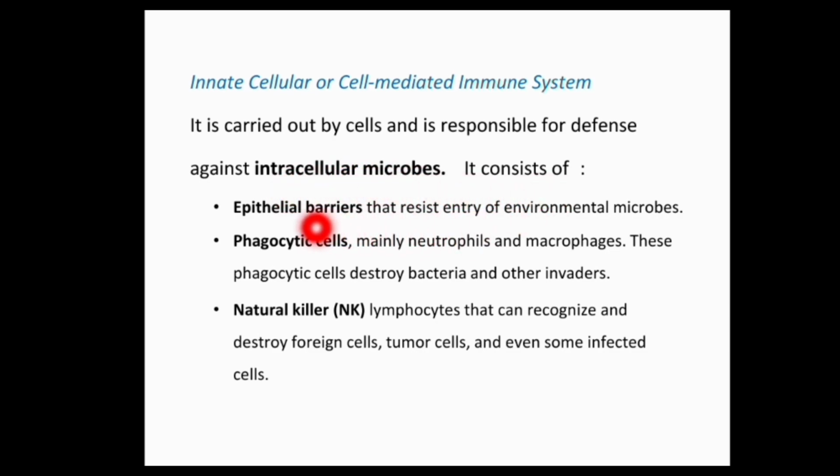It consists of epithelial barriers that resist entry of environmental microbes, and phagocytic cells, which are important, for example neutrophils and macrophages. These phagocytic cells destroy bacteria and invaders. And natural killer cells are lymphocytes that can recognize and destroy foreign cells, tumor cells, and even some infected cells.